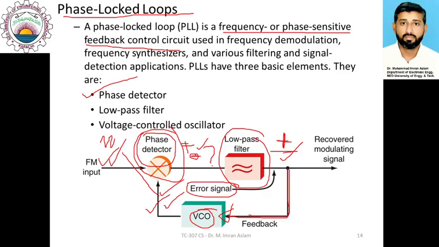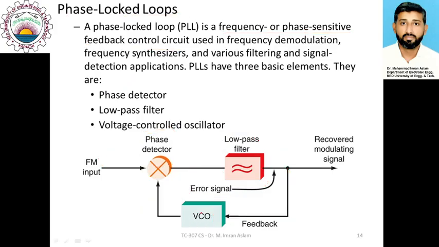This positive signal will force the VCO to increase its frequency. Once its frequency is increased, eventually the VCO and FM frequency become the same. As soon as the frequencies become equal, a zero signal will be available here. So there is no further correction needed.